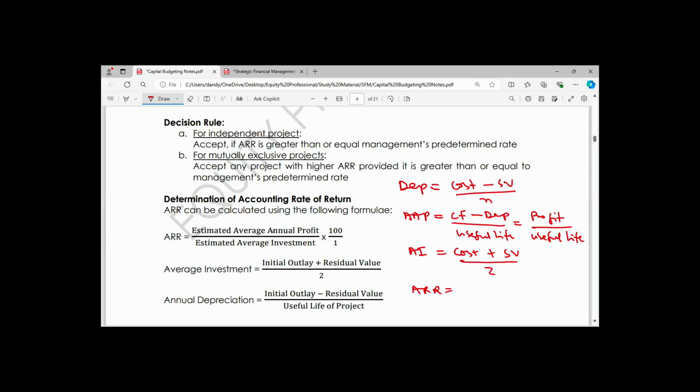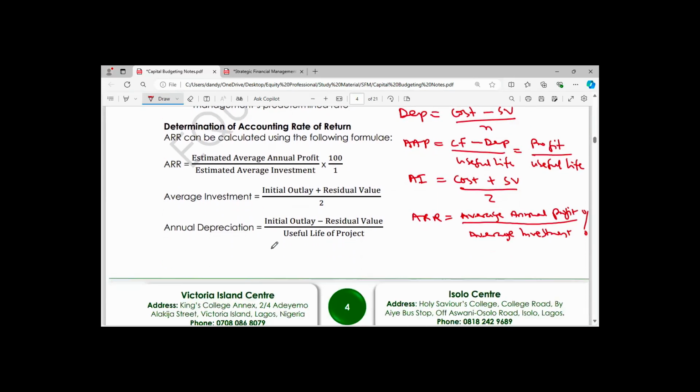The accounting rate of return will be average annual profits over average investments, everything multiplied by 100%.